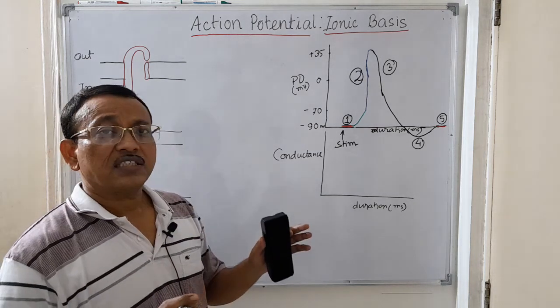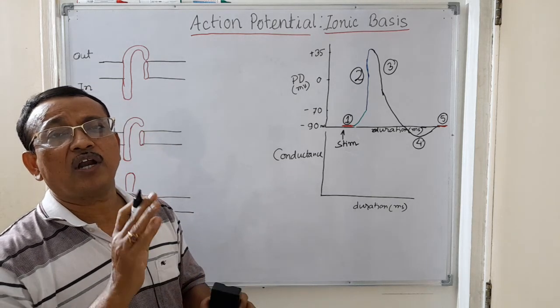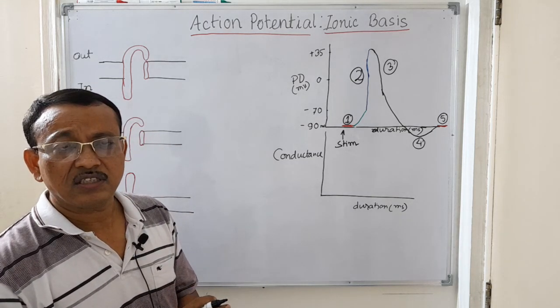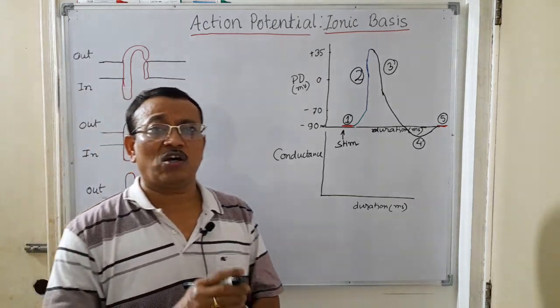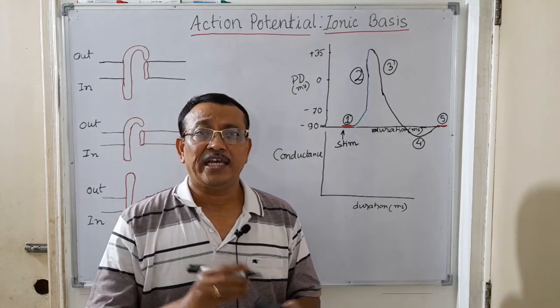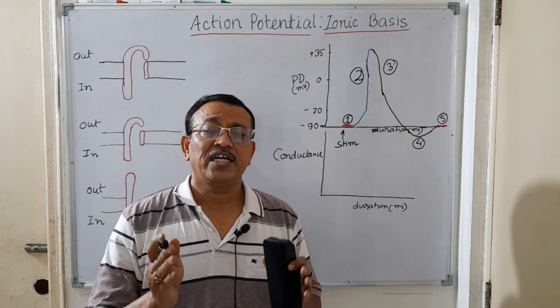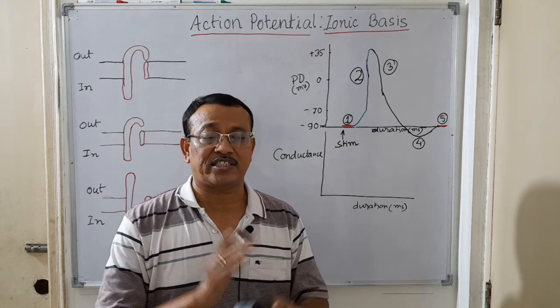So in the resting condition, movement of ions takes place through the non-gated channels. In the action potential, once the stimulus is applied, in addition to the leak channels there is involvement of other channels which are gated channels.